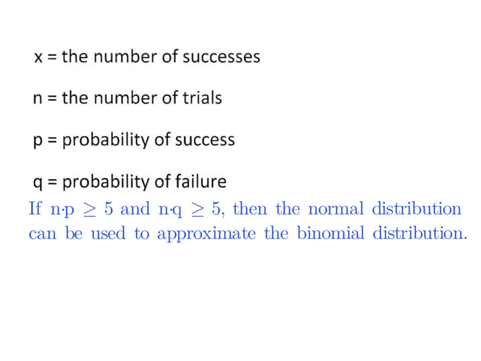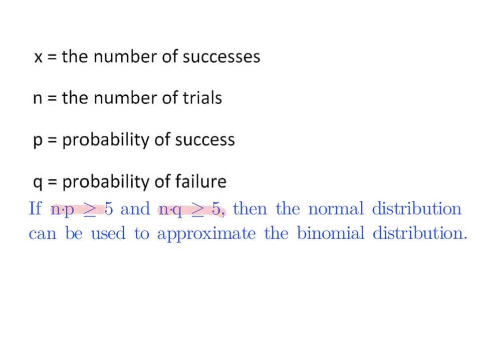Okay, this you definitely need to write down. Those are supposed to be multiplication: n times p greater than or equal to 5, and n times q greater than or equal to 5. Then you can use the normal distribution to approximate the binomial distribution, meaning that probability, okay? And every time we do this, we have to show this.